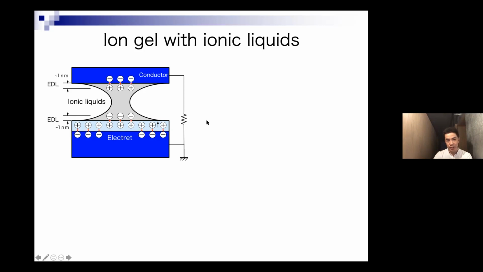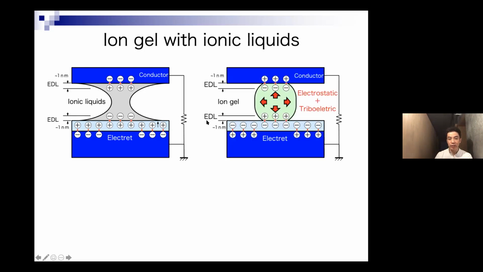To change this, we are going to use an ion gel instead of the ionic liquid itself. Indeed, by using an ion gel, we can efficiently change the surface area.